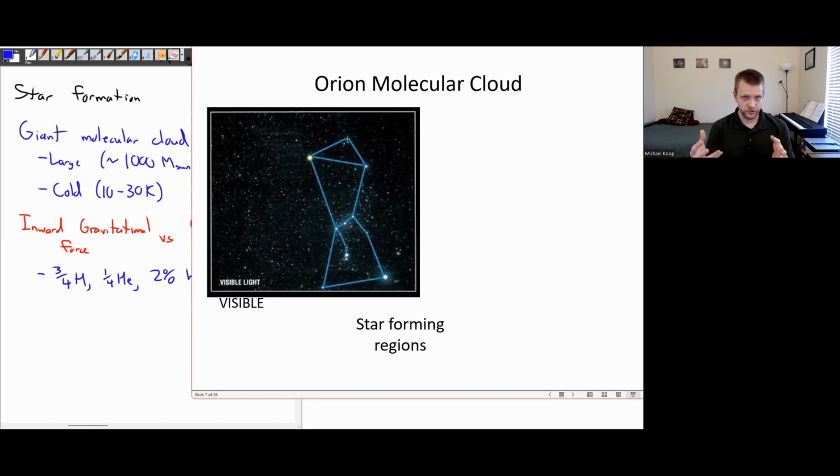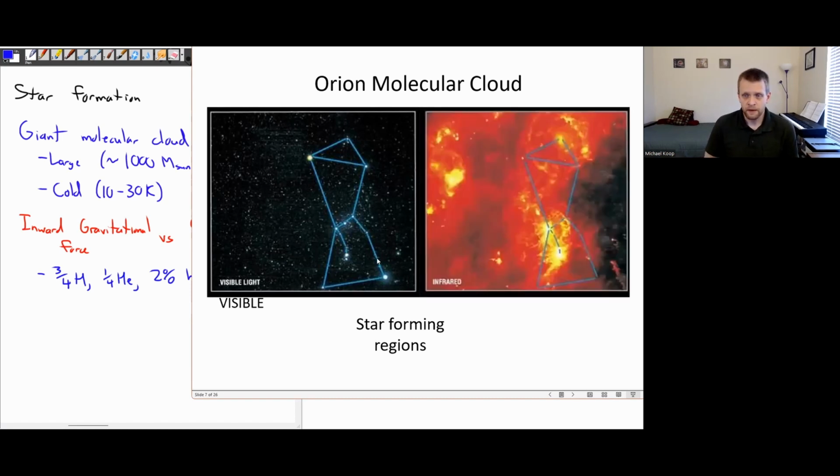Again, these stars give off lots of visible light, but if I have lower temperature gases, what kind of light might they be giving off more of? Well, that's going to be the infrared light. If we look at the exact same region of the sky in infrared light, those lower temperature gases, again, they're at a low temperature, but they still give off a little bit of infrared light.